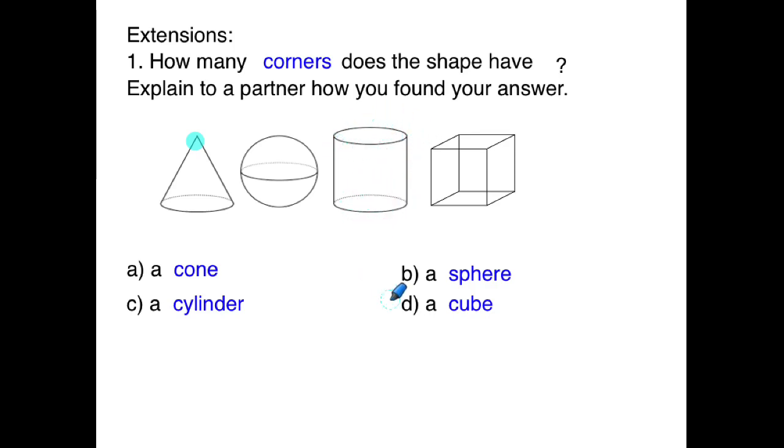No, 0. And a cube. Yes, a cube does. I'm going to let you count before I say. Same as a rectangular prism. 1, 2, 3, 4, 5, 6, 7, 8 corners.